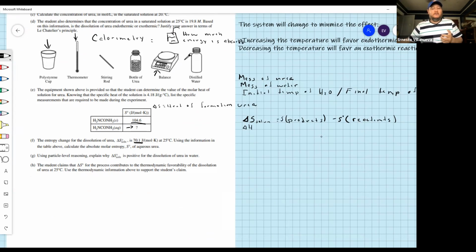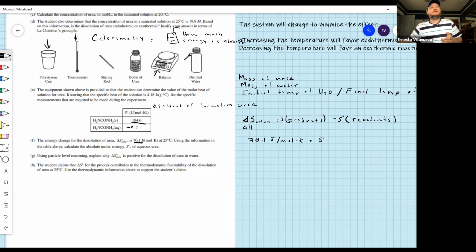You have this value here and it's looking for this value here. Now, this is the formula that you're going to use. So all we're going to do now is plug everything in. It's going to be 70.1 joules per mole K is equal to the products. In this case, the product is the unknown, right?